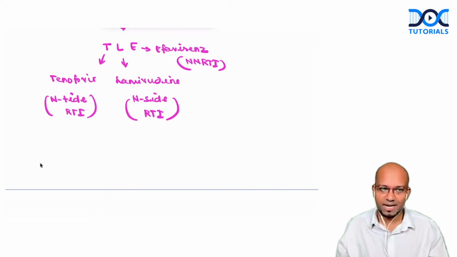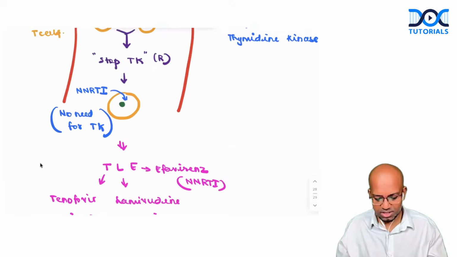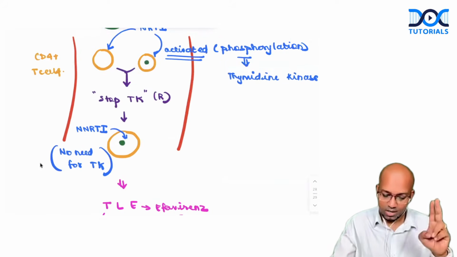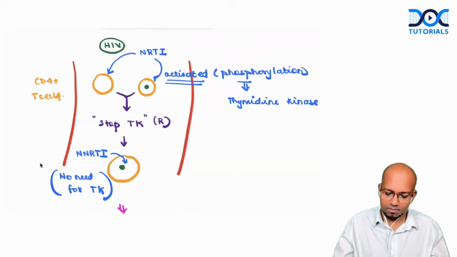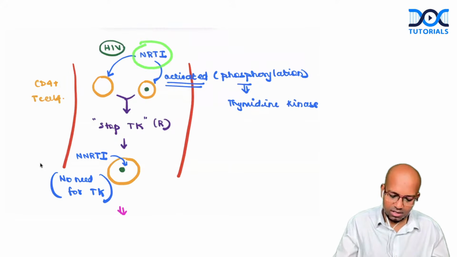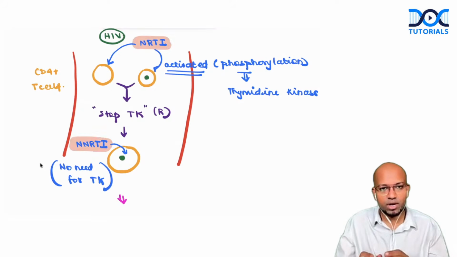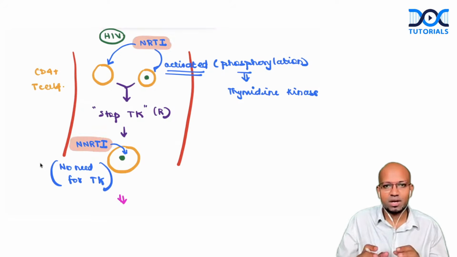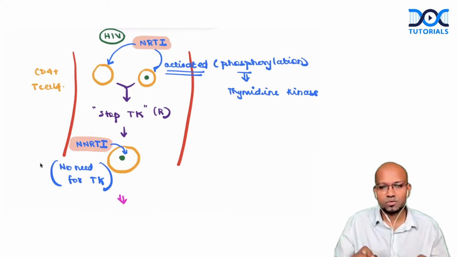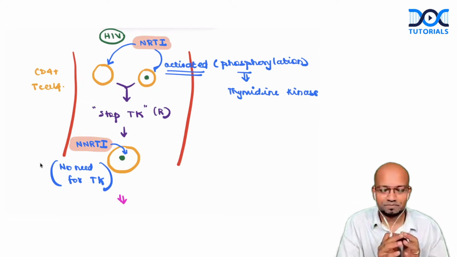Now came the next pattern of resistance. This virus, a brilliant one, started to find out that be it NRTI or be it NNRTI, the action is produced only whenever the virus is infecting the CD4 plus T cells which are circulating in the blood.